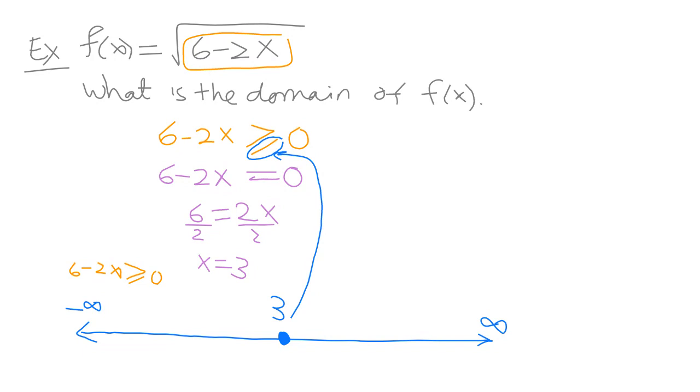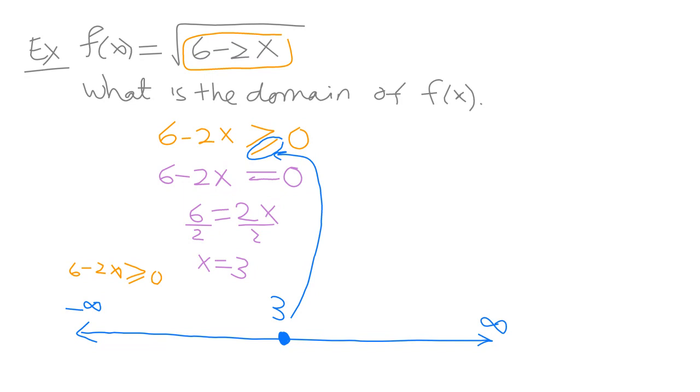If you have a radical, you have to exclude all negative numbers, so I have to require that 6 minus 2x is greater than or equal to 0. To solve the inequality, replace it with equals to and solve the equation, then choose the portion of the real line which solves your inequality.